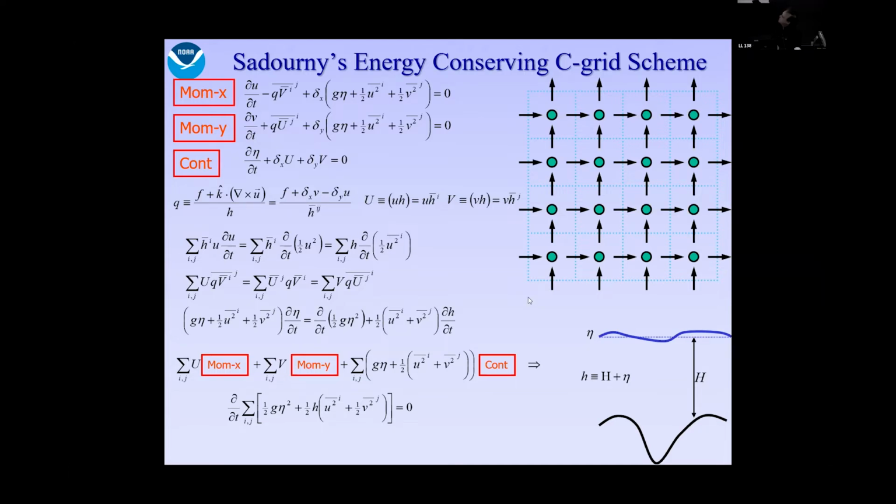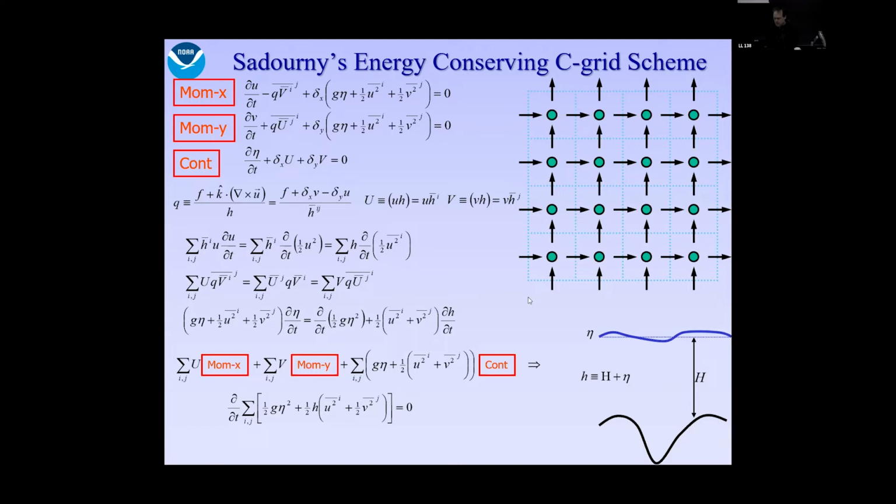The pressure gradient and the gradient of the kinetic energy are straightforwardly discretized. You're simply averaging the square of the velocities to get them onto the tracer points and then taking the gradients. That works out pretty well and is pretty widely used, although we do have some alternatives available in MOM6.